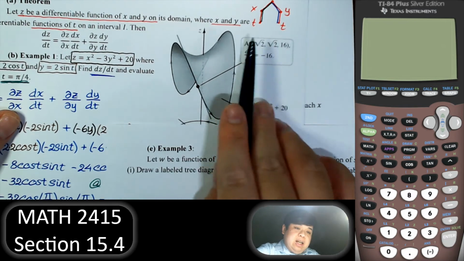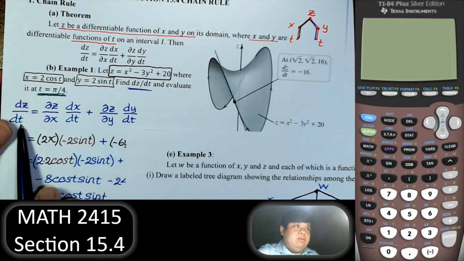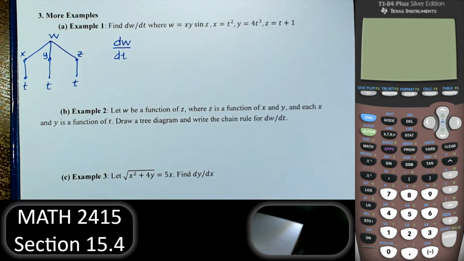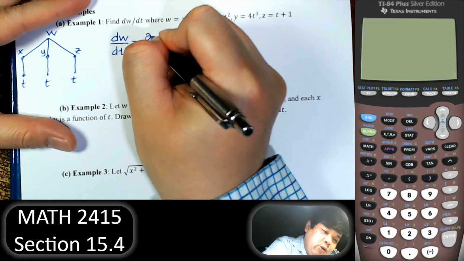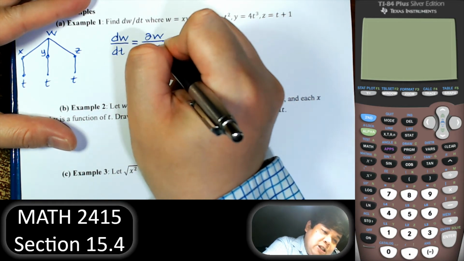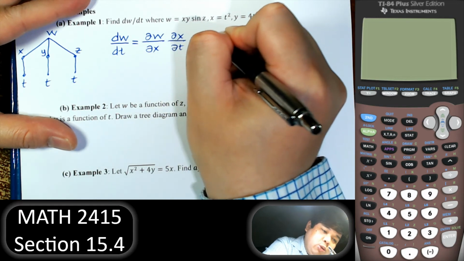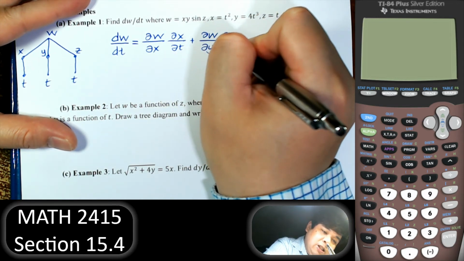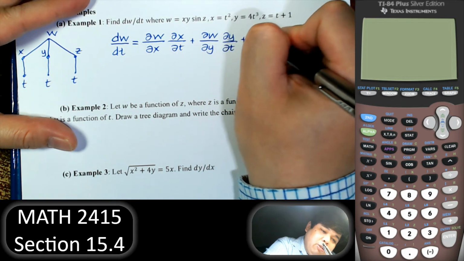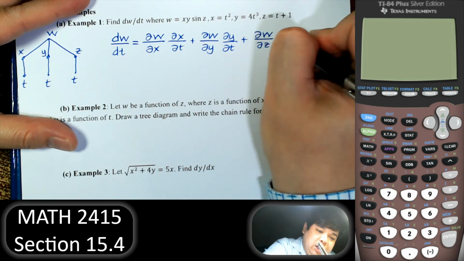If there's just t at the bottom, this is the derivative. So from w to t, we can go from w to x, and then from x to t, from w to y, and then from y to t, and from w to z, and then from z to t.